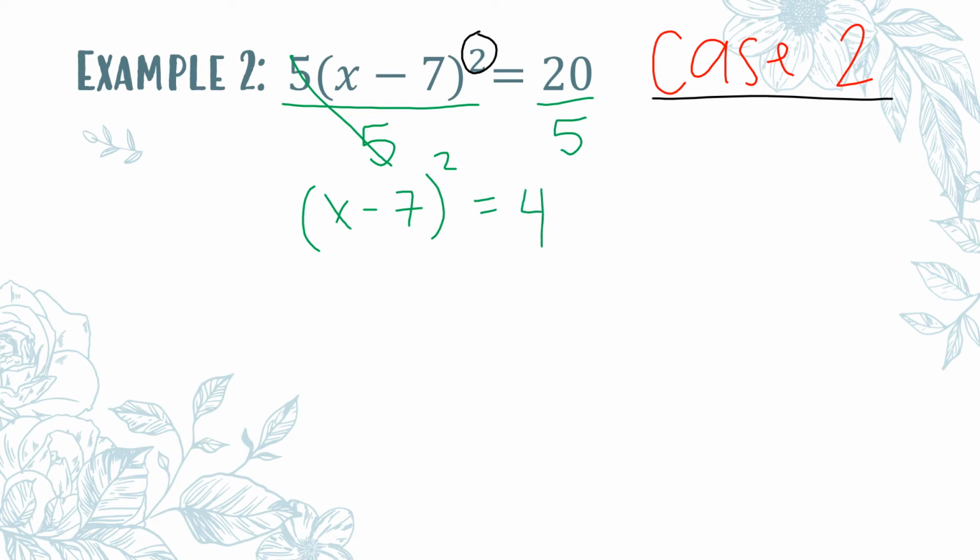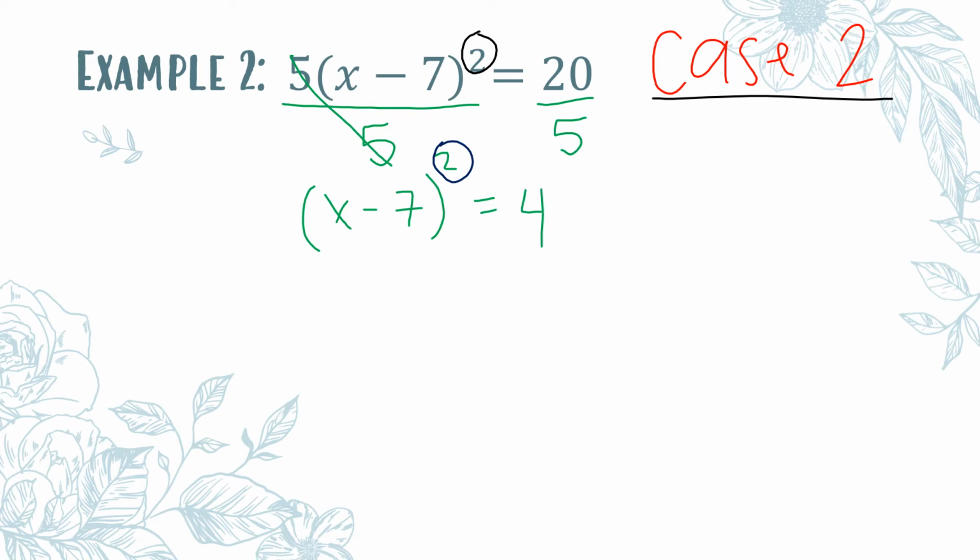So now I want to get rid of my exponent. Again, don't distribute the 2. X minus 7 squared is actually the same thing as x minus 7 times x minus 7. And then we would FOIL. And this would become a much longer and unnecessary problem.